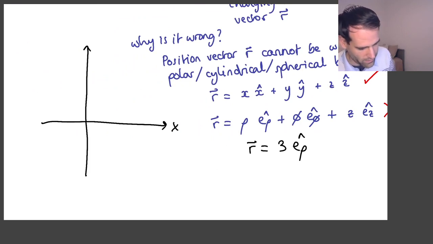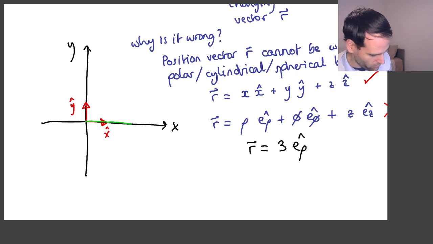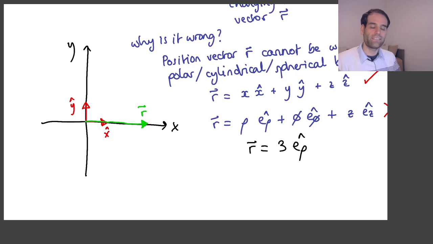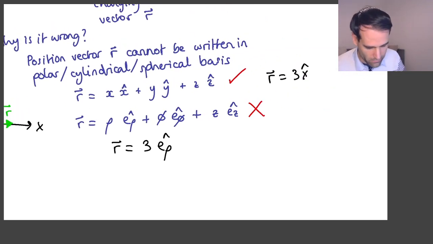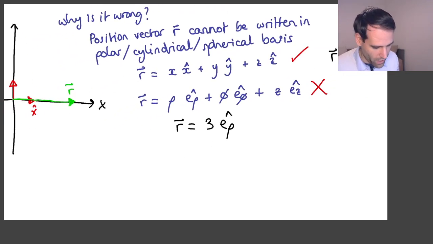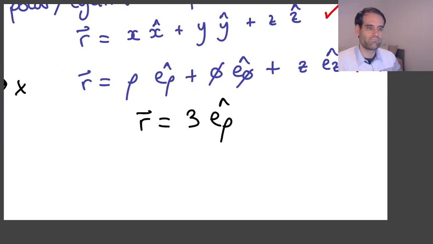You get your xy axis, you identify x hat as this, y hat is this. So 3x hat is simply the vector 1, 2, 3, this vector. But now I tell you, r equals 3 e rho hat. What is that?